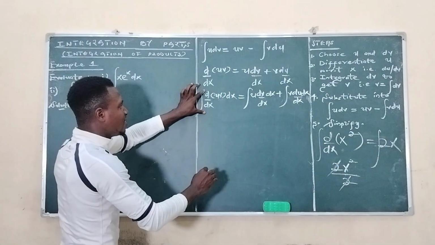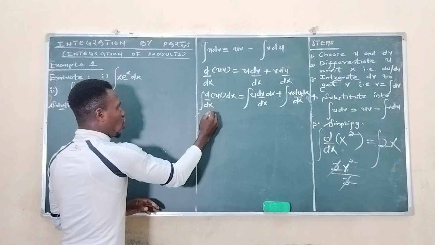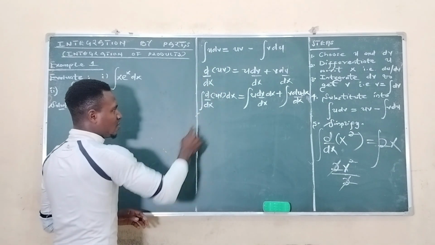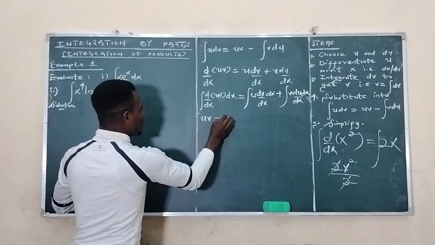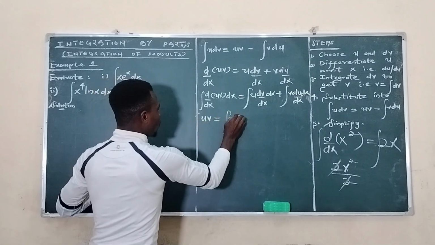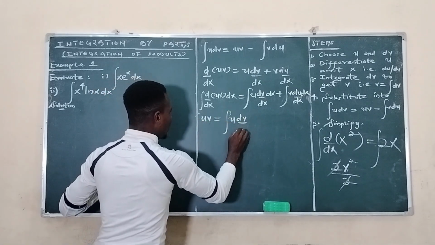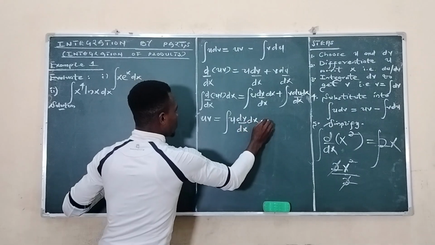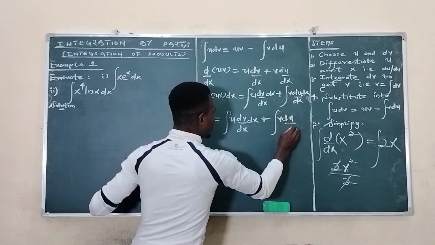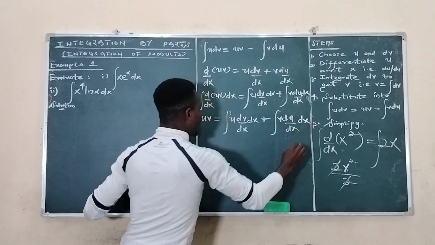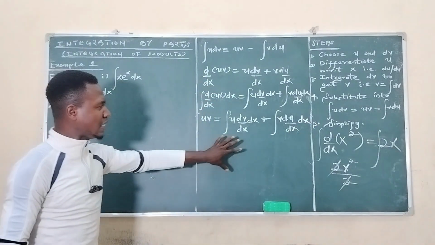So it means that the integral of the derivative of uv with respect to x is going to give us the original function uv. So uv is equal to the integral of u dv/dx with respect to x plus the integral of v du/dx with respect to x. So what do we need to do here?